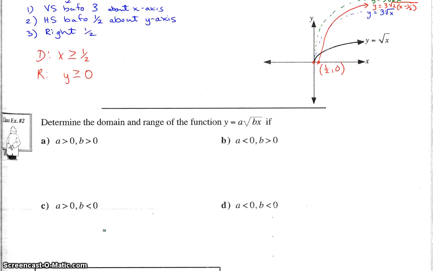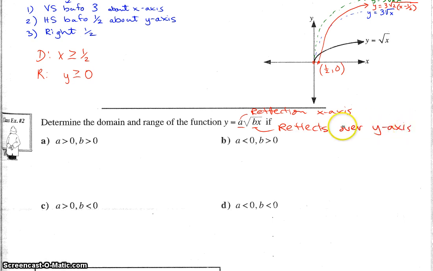We're going to determine the domain and range of each of these, given that a and b are either positive or negative. So we're really talking reflections. A is your reflection over the x-axis, and b, if it's negative, reflects over the y-axis.